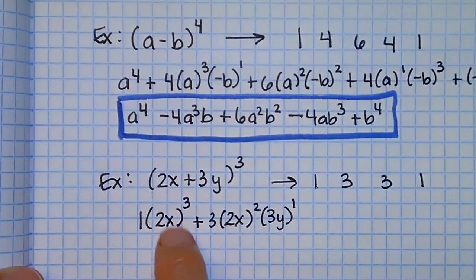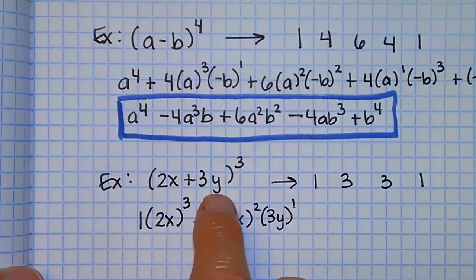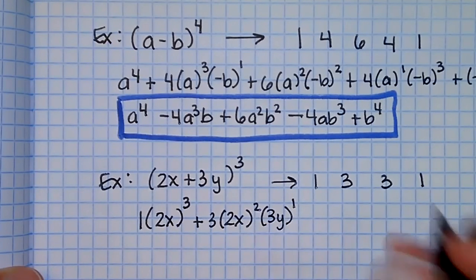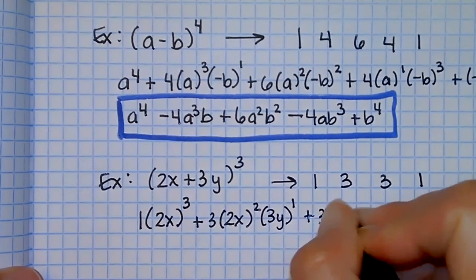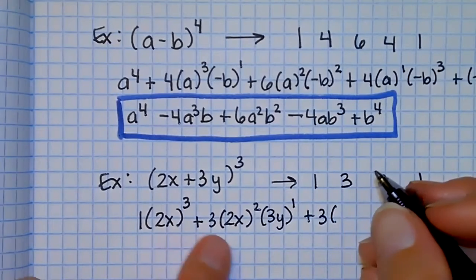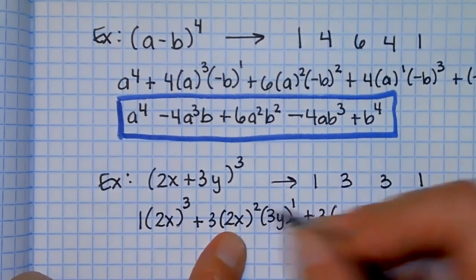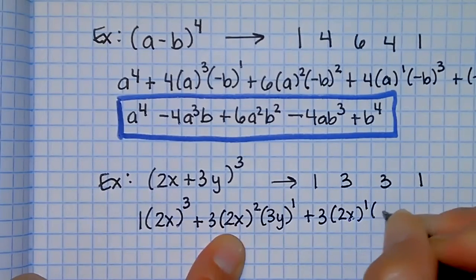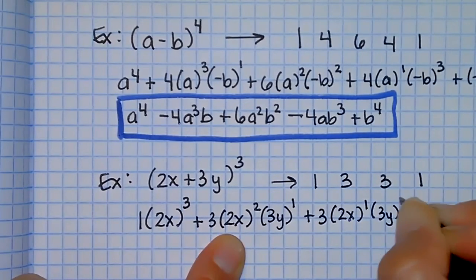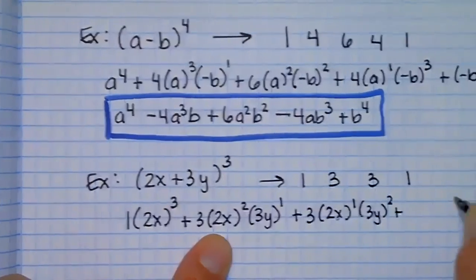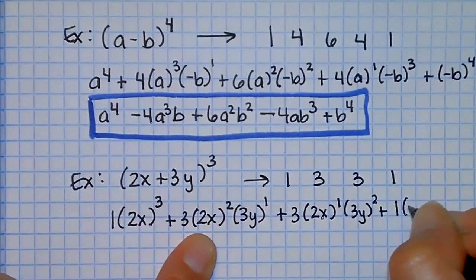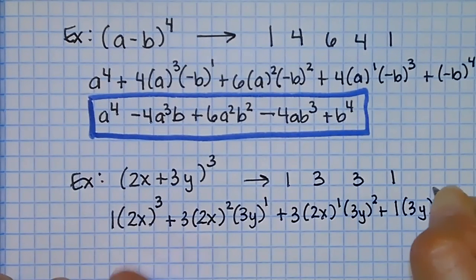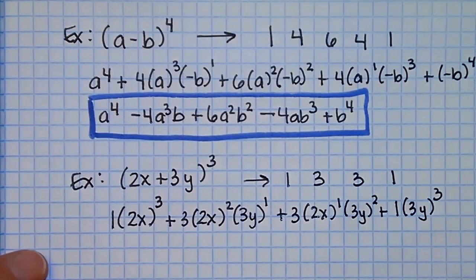So I'm going to be raising 2x to powers and 3y to powers. Plus 3, and again, 2x to the third, and that one was squared, so this is going to be 2x raised to the first, 3y to the second, plus 1 times 3y to the third.